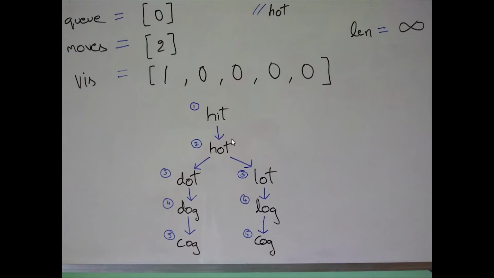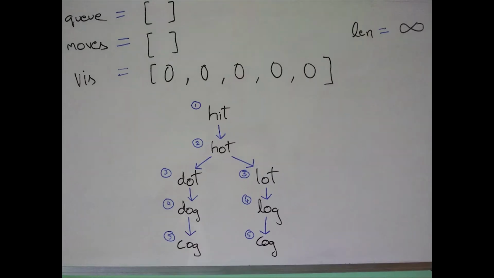So it's actually the number of elements in the transformational sequence. Hit and hot are part of the transformational sequence, so we insert the value 2. And since hot has been visited, we mark the value at the index where hot is present as 1.